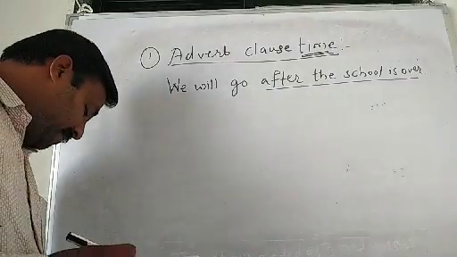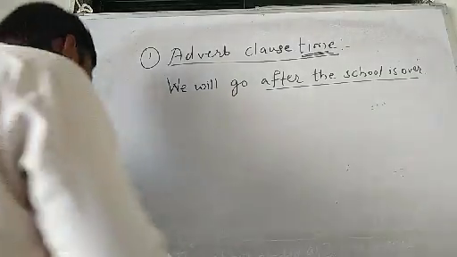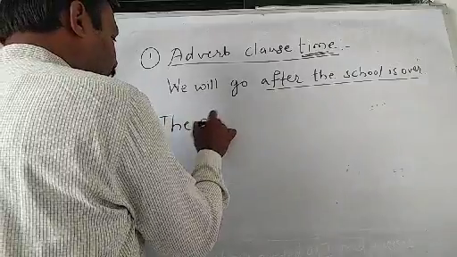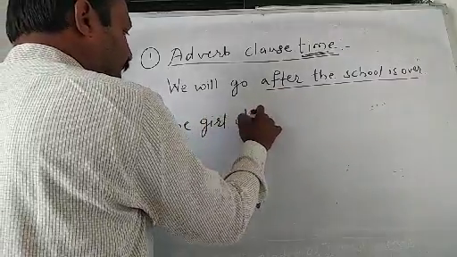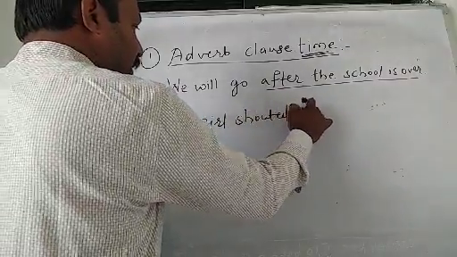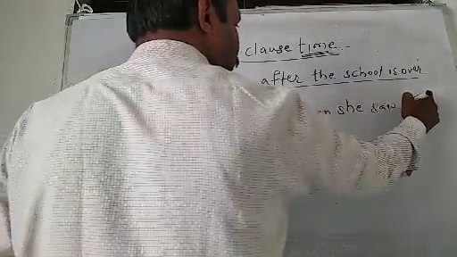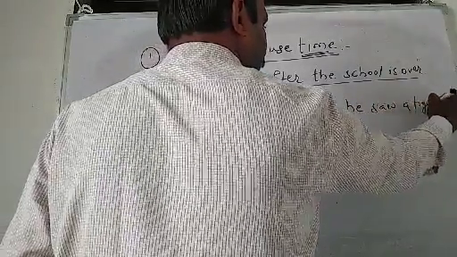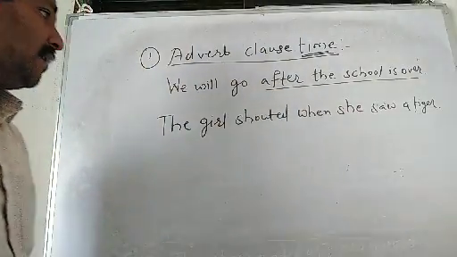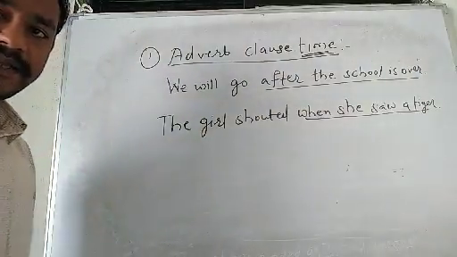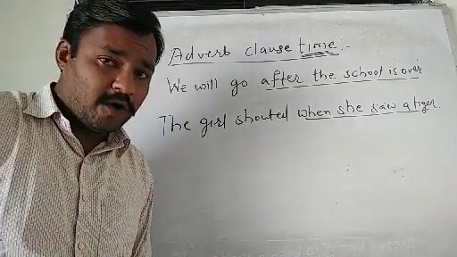One more example let me give you. Very simple examples I give you. "The girl shouted when she saw a tiger." Now in this sentence, "when she saw a tiger" is the adverb clause of time.